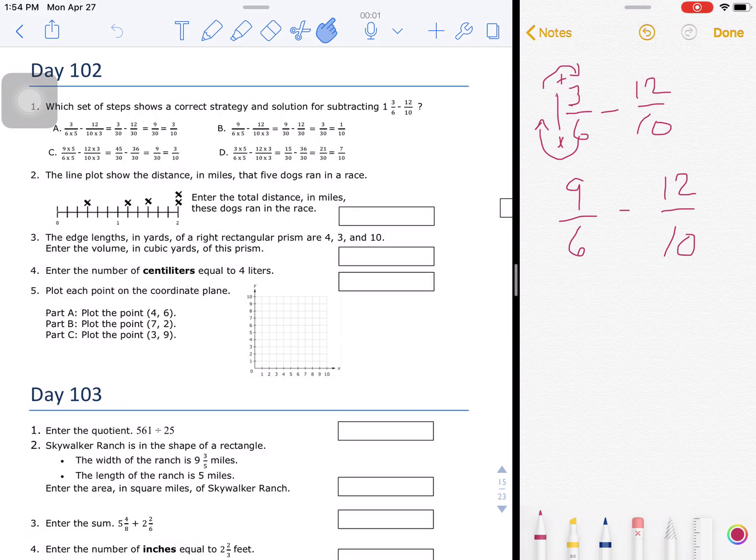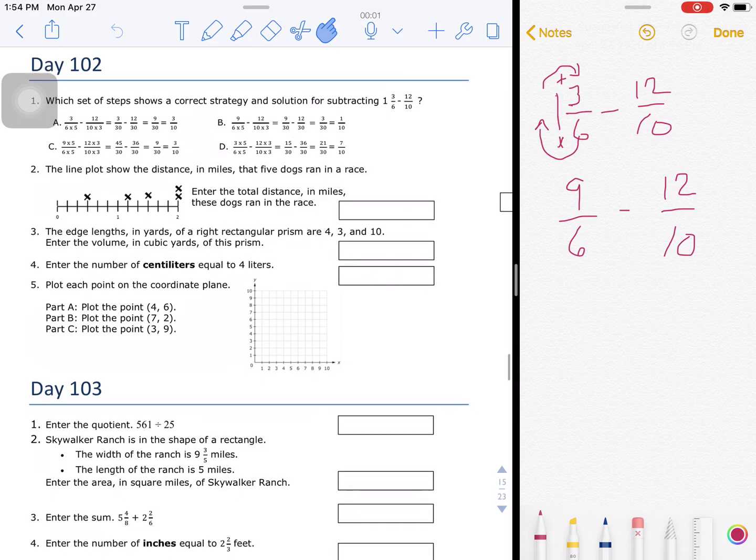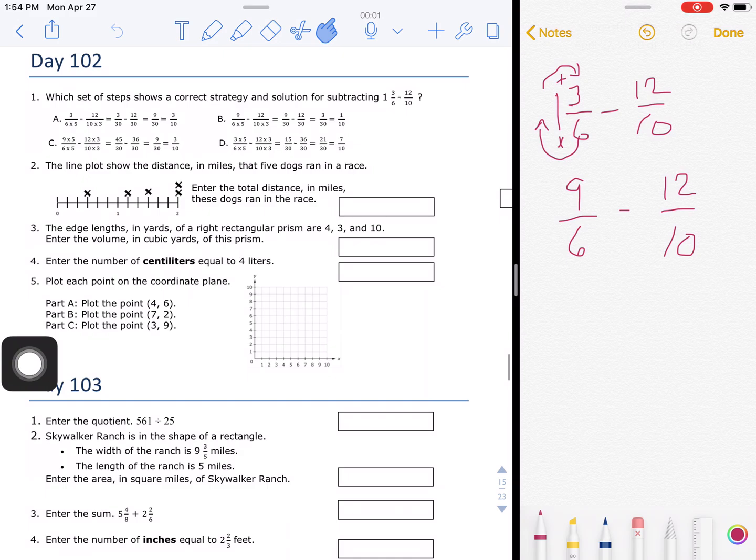As I look at these choices, I see that A cannot be a correct strategy because that has 3/6. And D also has 3/6, so it can't be A or D. So I'm left with B and C.